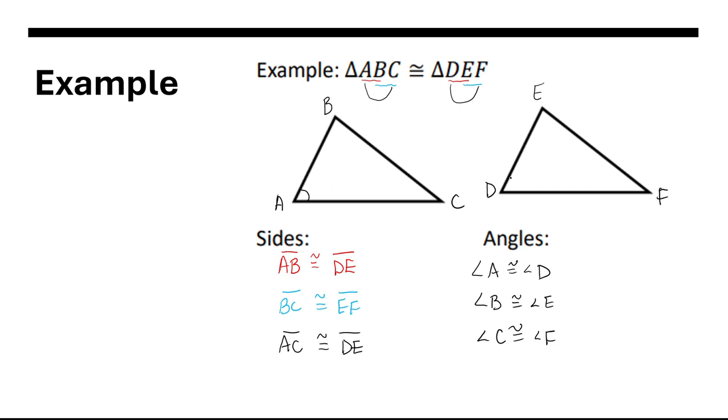so that angle A and angle D are congruent. Angle B and angle E are congruent. And C and F are congruent. And then the same for the sides, AB and DE, BC and EF, and AC and DF.